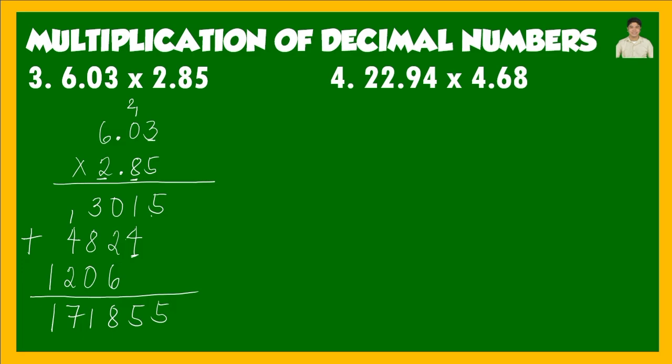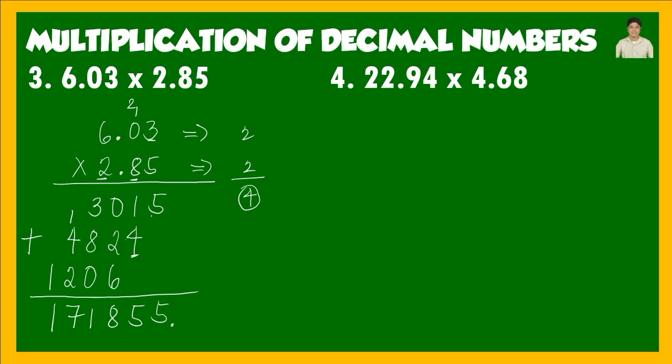And then bibilangin ngayon natin yung decimal places. So, dito sa 6.03 or 6 and 3 hundredths, we have 2. And then dun sa 2 and 85 hundredths, we have also 2. So, yung number of decimal places natin is 4. So, magmo-move tayo ng 4 decimal places to the left.